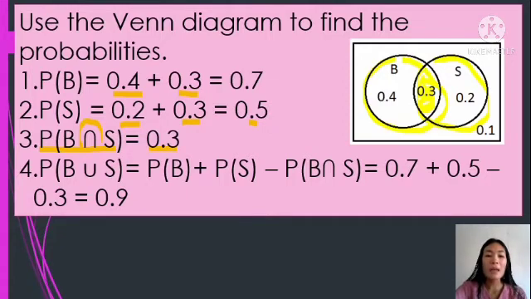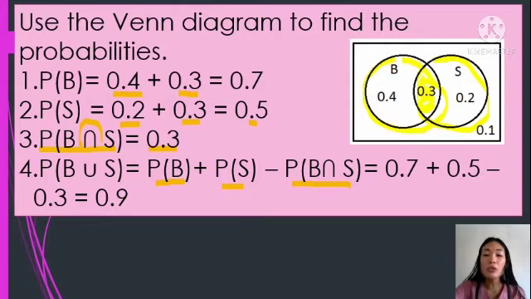Okay. For number 4 question, what is the probability of basketball union soccer? Previous discussion earlier that in finding the probability of union of two events, so probability of basketball plus the probability of soccer minus the probability of the intersection of both events, which is basketball and soccer.